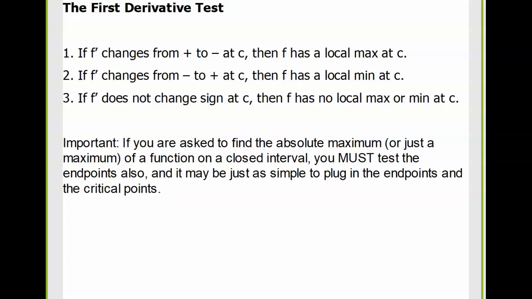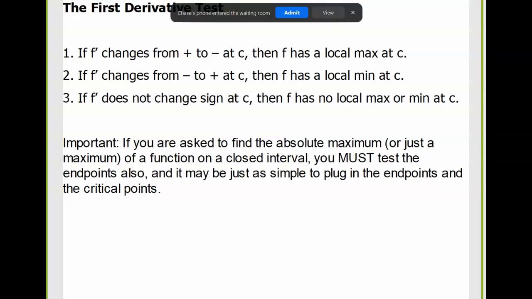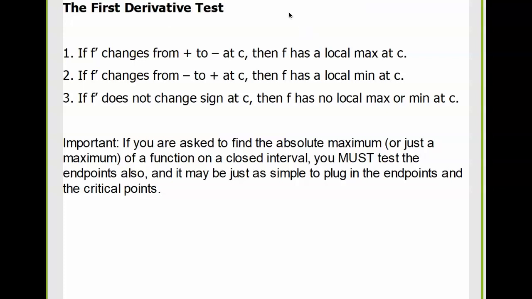If f prime changes from negative to positive at c, then f has a local min at c. If f prime does not change sign at c, then f has no local max or min at c.